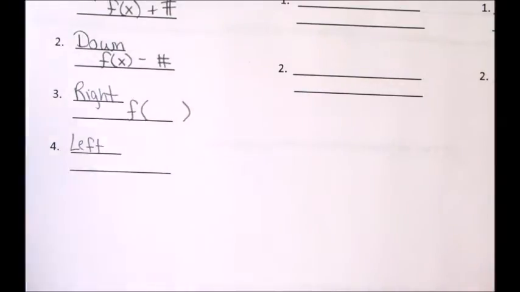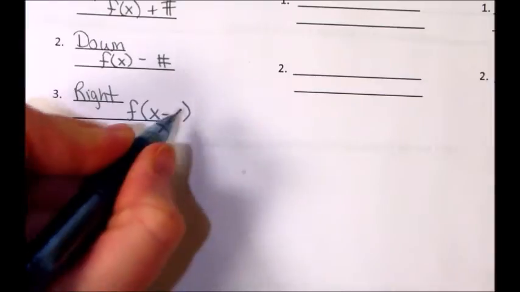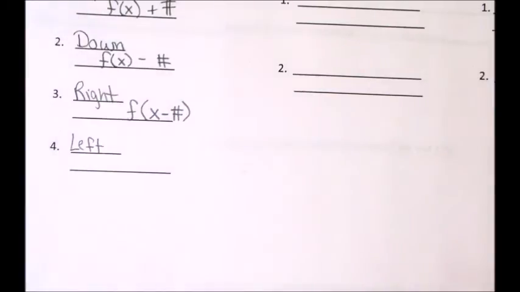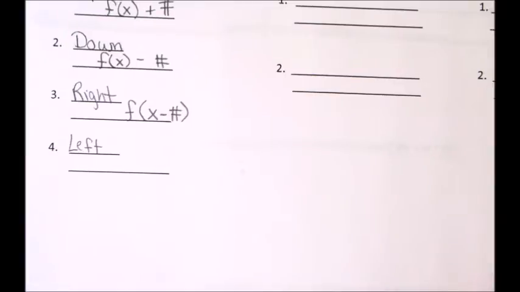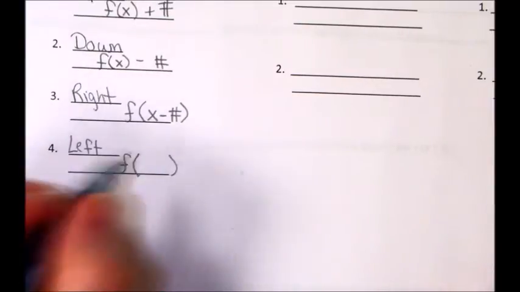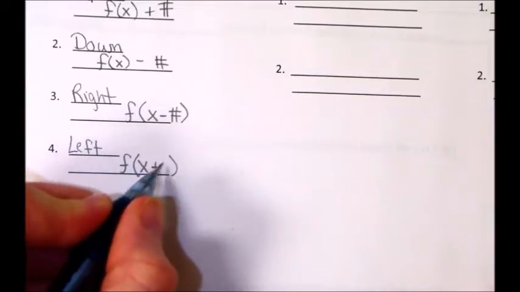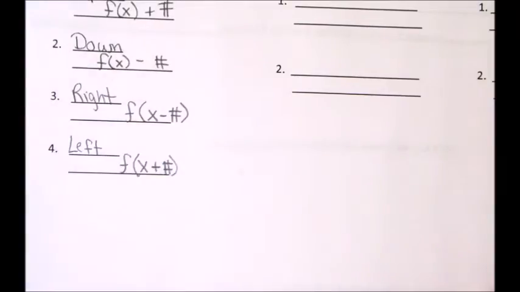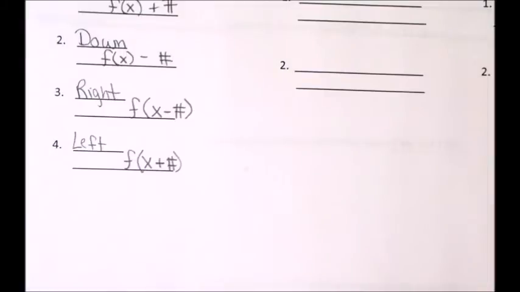You're going to have your original function, but with the x values, you are going to subtract a number from your x values. I'll show you what this looks like with real-life examples. If you move something to the left, you're going to take your x values and, believe it or not, you add a number. That's hard for kids. They think right is adding and left is subtracting, but it's opposite of what you think.